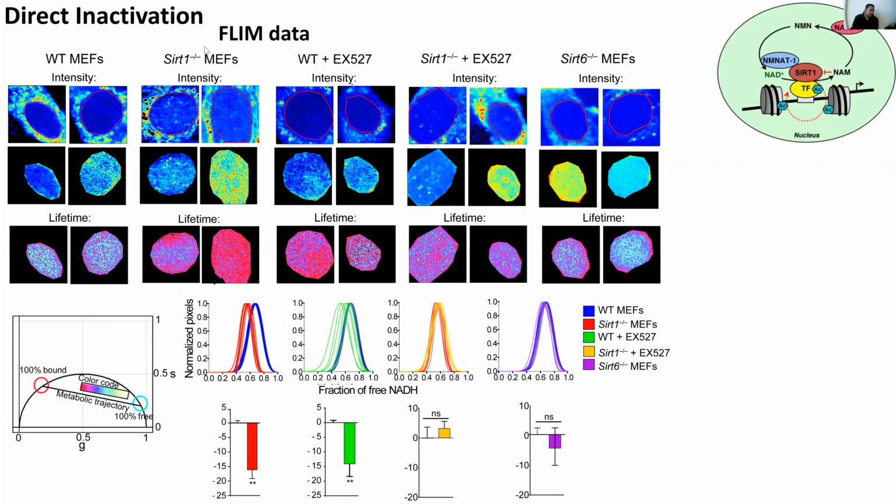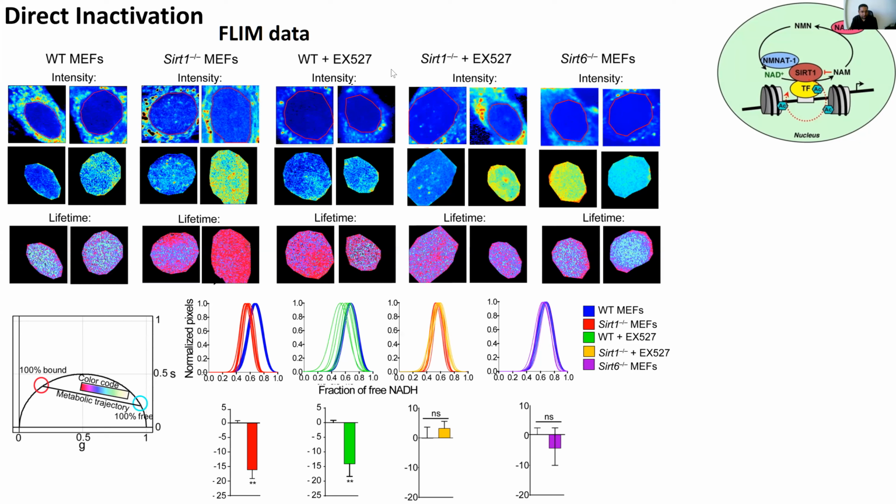So to show the data, this is basically the FLIM data from the nucleus. So you see the images, then they are marked for only the nucleus, and then they are looked at for lifetime. And between wild type and SIRT1, you see there is a change in the SIRT1 negative cells, so inactive cells. So this blue is the wild type, red is the SIRT1 negative. It goes more towards bound NADH.